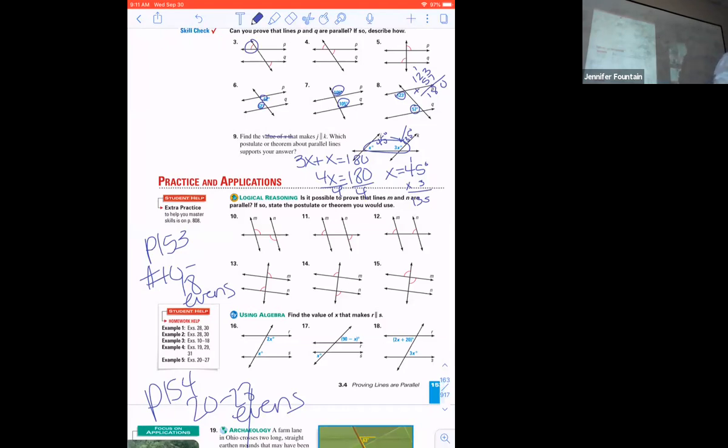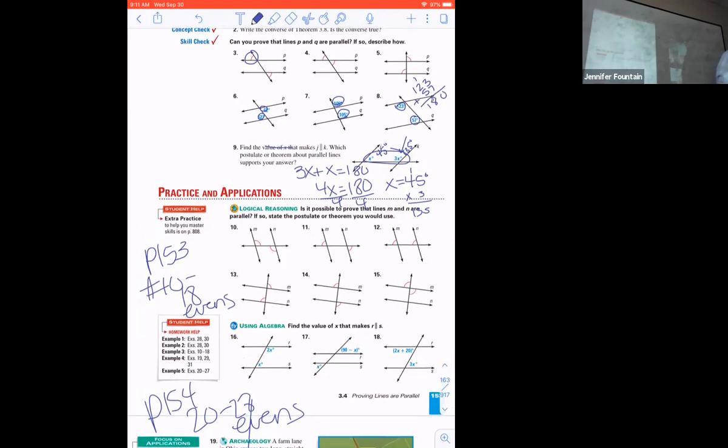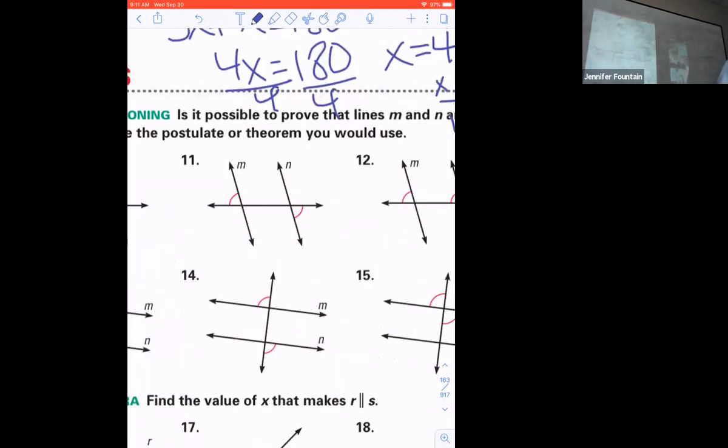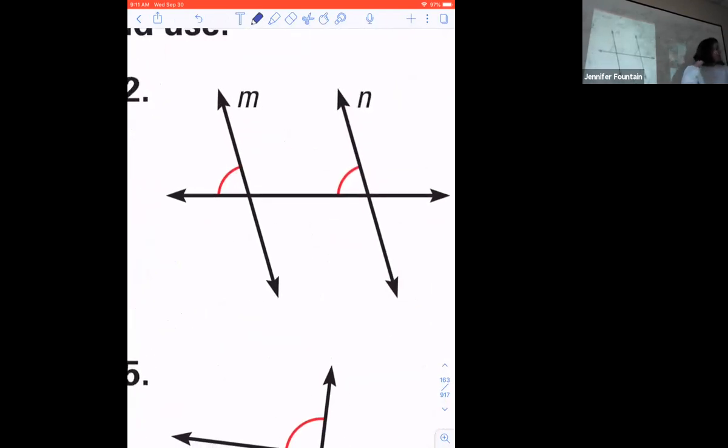All right, number 12. Can I prove that these are parallel? Yes. Why? Alternate exterior angles converse. Okay, so they're going to be corresponding. Remember, interior and exterior have to do with your parallel lines.